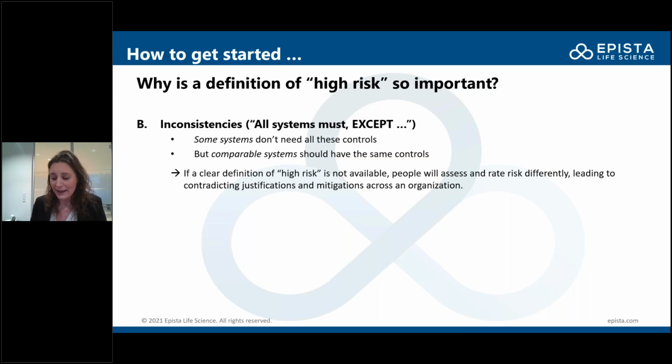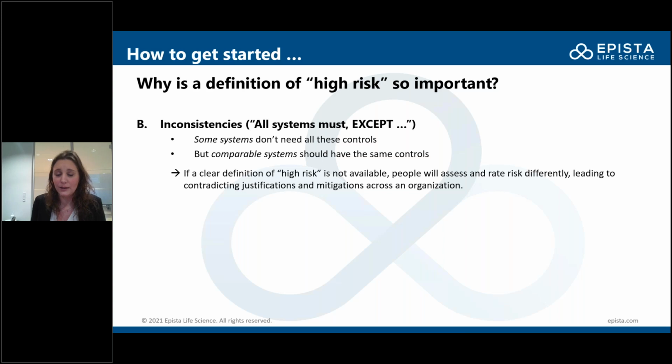If you don't have a clear definition of what is a high-risk system and how to mitigate that risk, you will force your operational department, your shop floor, to assess and define whether they have to stick to the general rules for high-risk systems, or can do it differently.